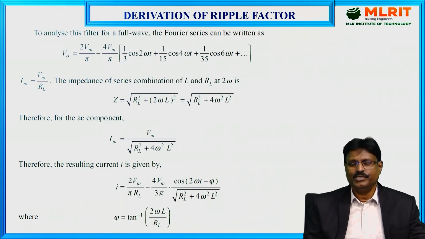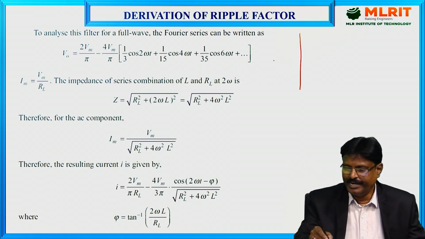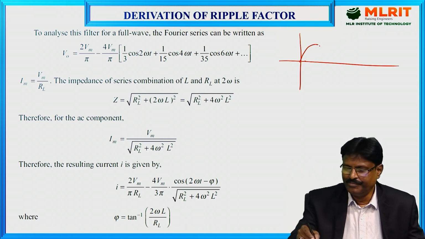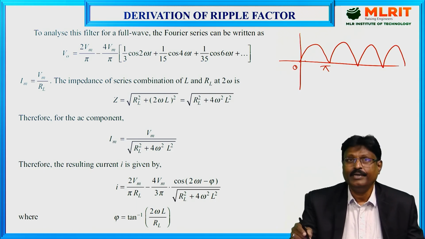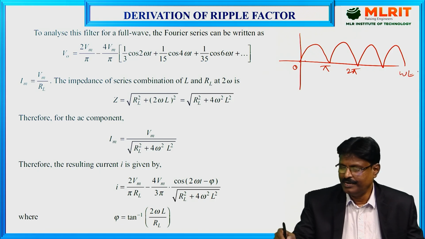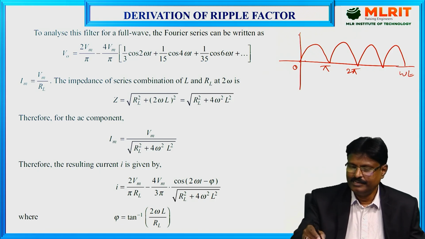If you observe the full wave rectified output, it will be like this, as I said. This is 0, this is pi, this is 2 pi, and so on, this is omega t, and here this is V naught, and this is the peak value, let it be Vm.